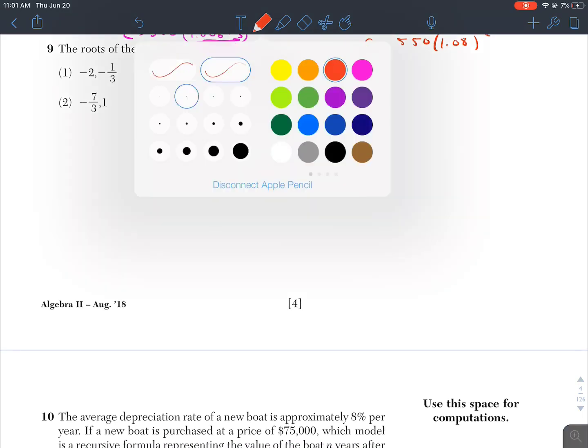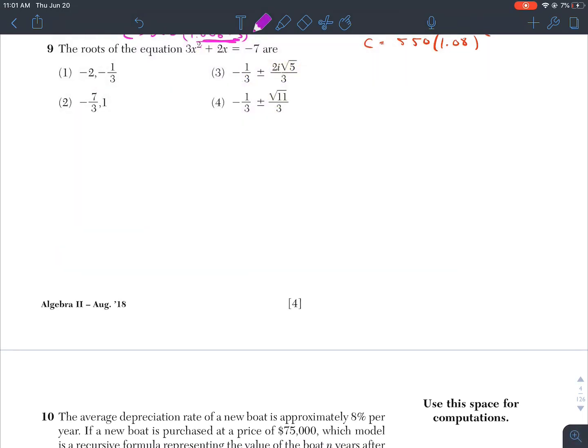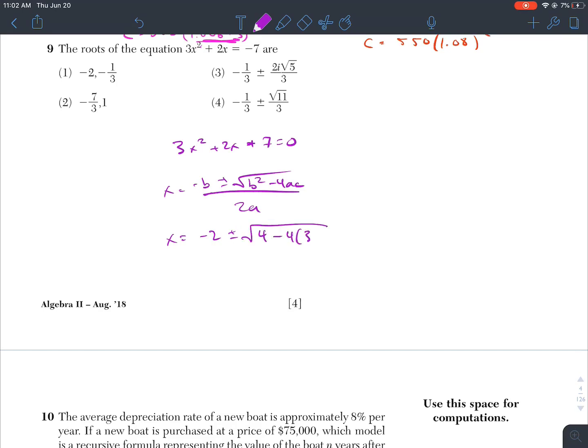We've already seen one of these. So we set it equal to 0 by adding 7 on both sides. And then we get this equation, and then we do x equals negative b plus or minus the square root of b squared minus 4ac all over 2a. X is equal to negative 2 plus or minus the square root of 4 minus 4 times 3 times 7, all divided by 6.